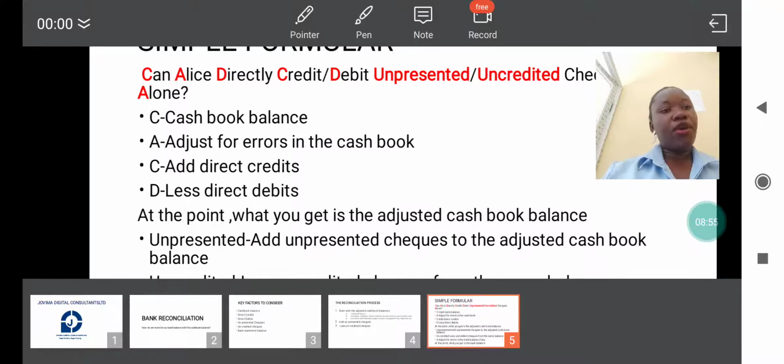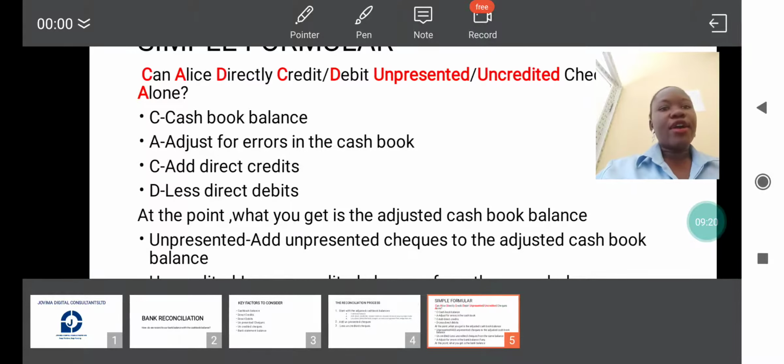It will be the same. When you look at the two, it will be the same. But this is a point to note. If you're to reconcile a bank and cash book, make sure your opening balances are updated. Otherwise, if you reconcile for this month, yet last month is not reconciled, it means you're carrying forward wrong balances.